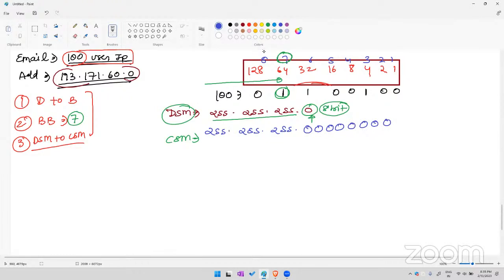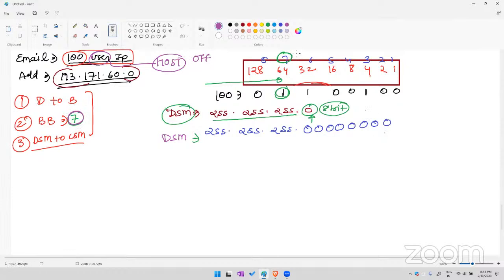Now, the CSM is ready. But how to say ready? Right now, this one is not a CSM. This one is my default subnet mask representation. This one is actually my DSM. Now we need to do the next task. We are doing users. User means host, and host means bits always off. How many bits to borrow? 7.